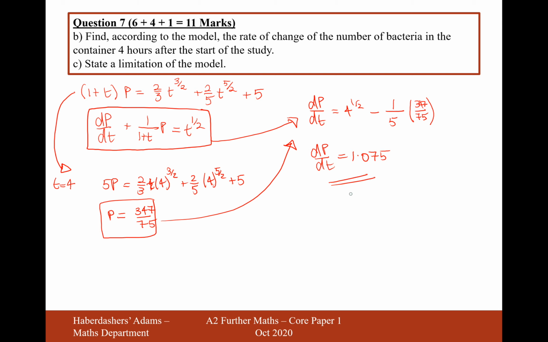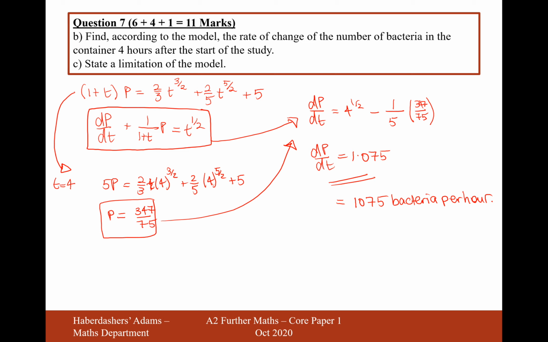What would that be in terms of the context of the question? It would be 1,075 bacteria per hour at t equals 4 hours.